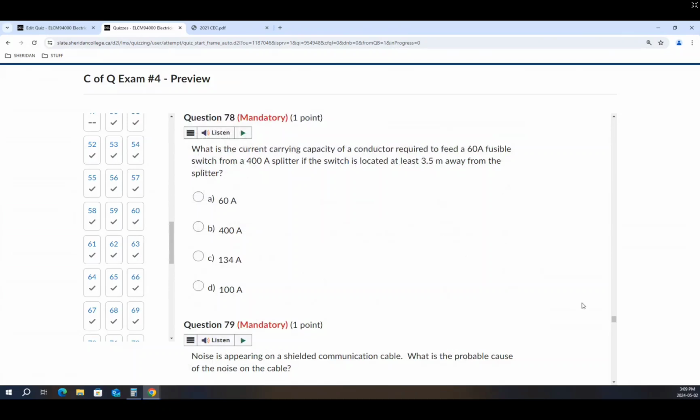78. What's the current carrying capacity of a conductor required to feed a 60 amp fusible switch, from a 400 amp splitter, if the switch is located at least 3.5 meters away from the splitter?